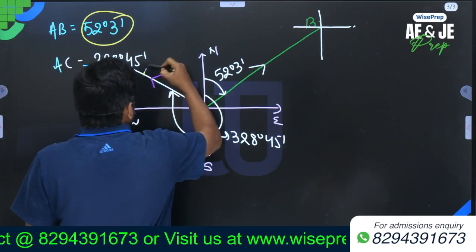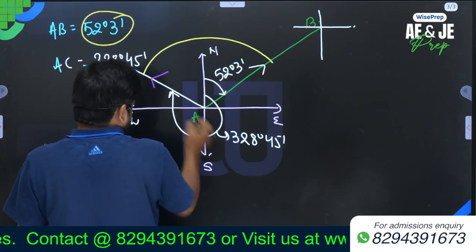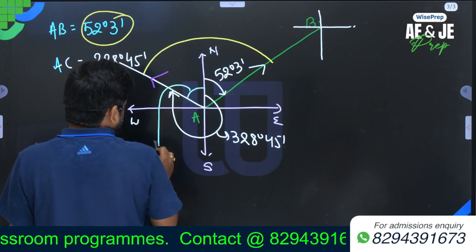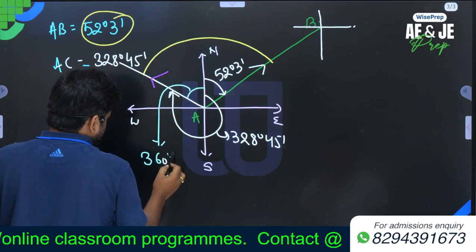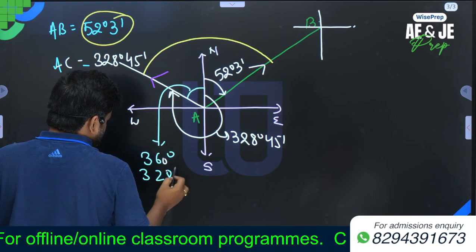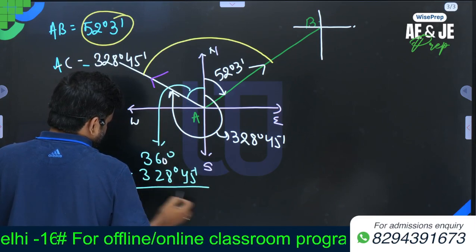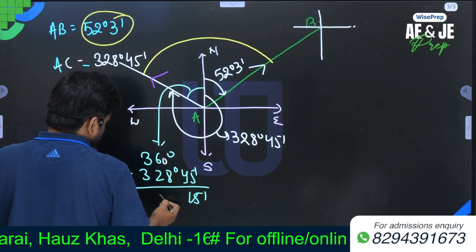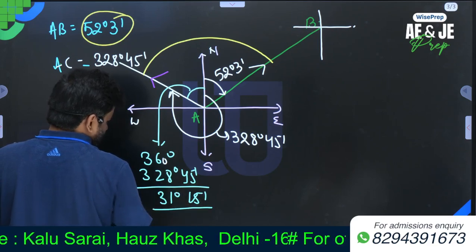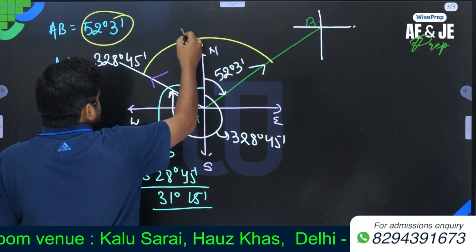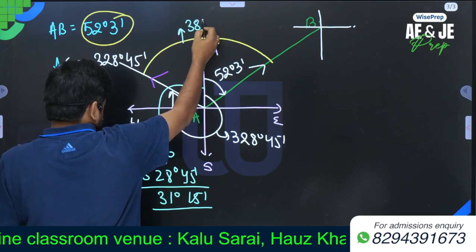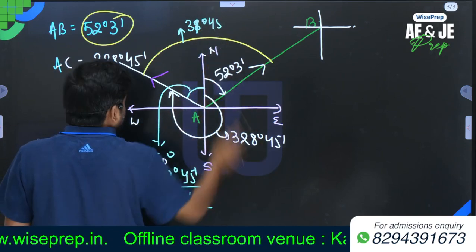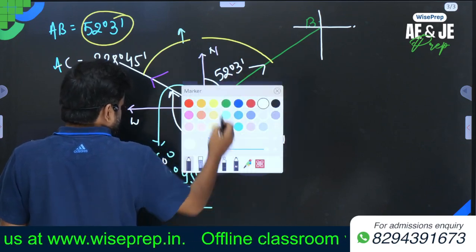So this will be 360 degree minus 328 degree 45 minutes, which is 31 degree 15 minutes.